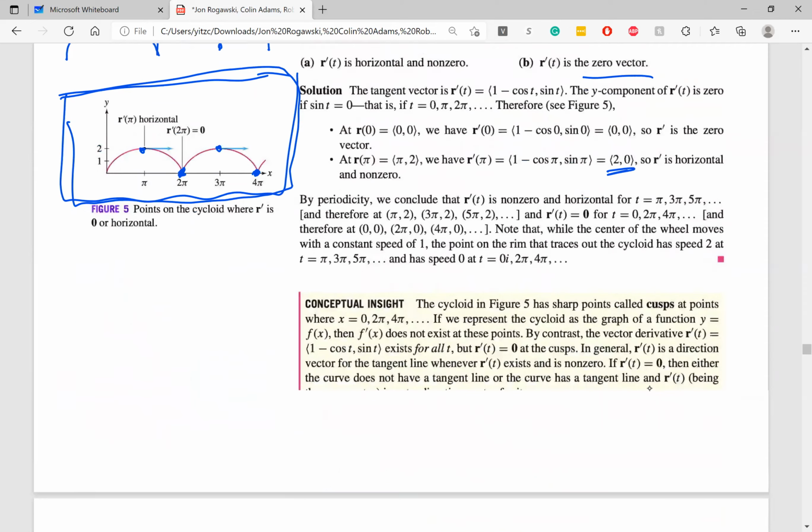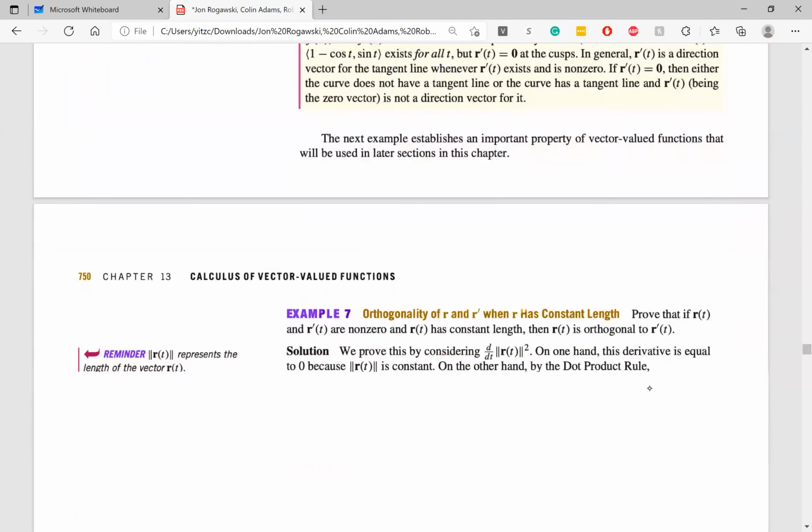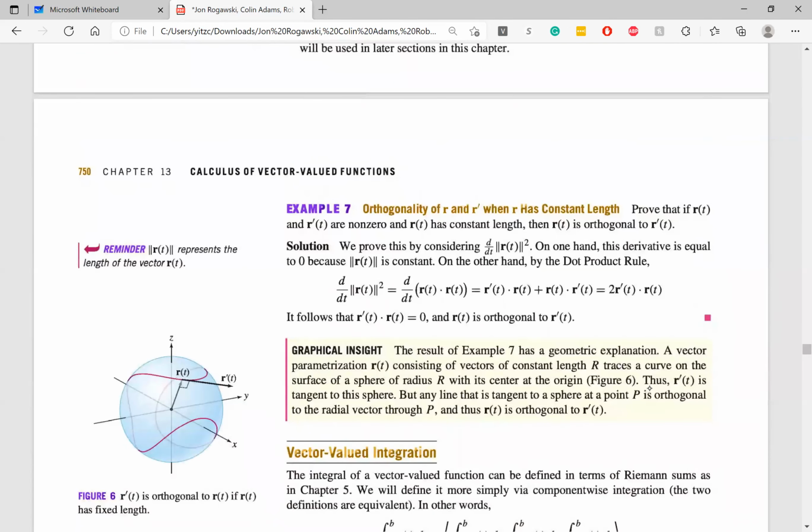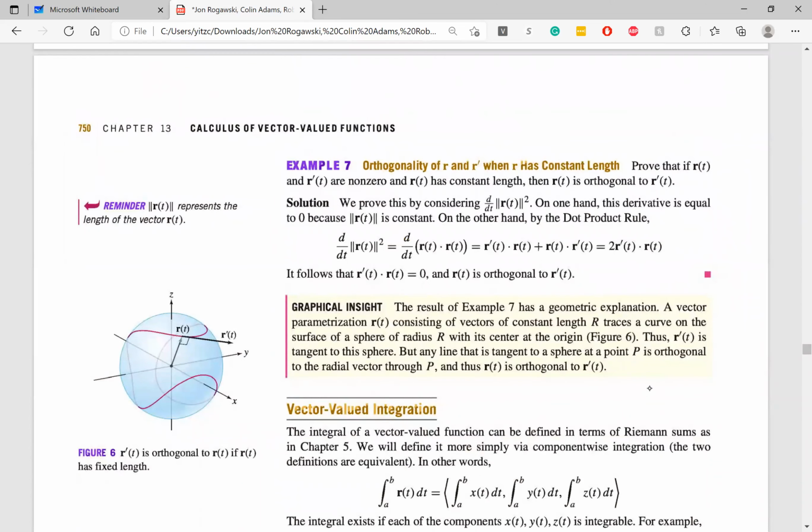But I'm not going to go into exactly the details because it's not that important. But it is useful to know that those are the type of problems that you can do once you know how to take tangent vectors to curves. Okay, I'm going to skip this proof.